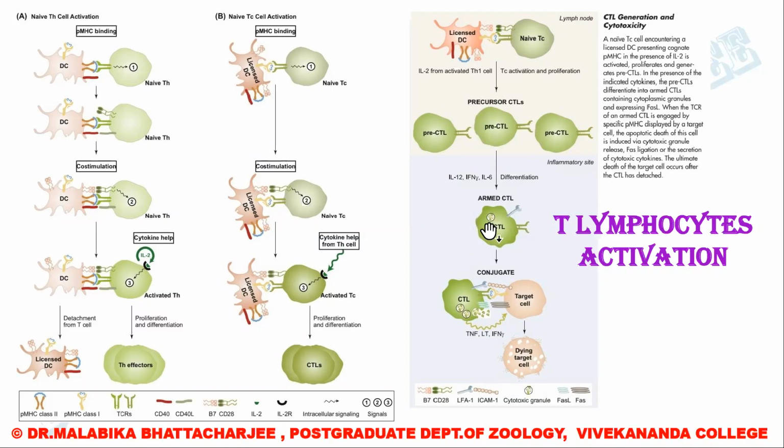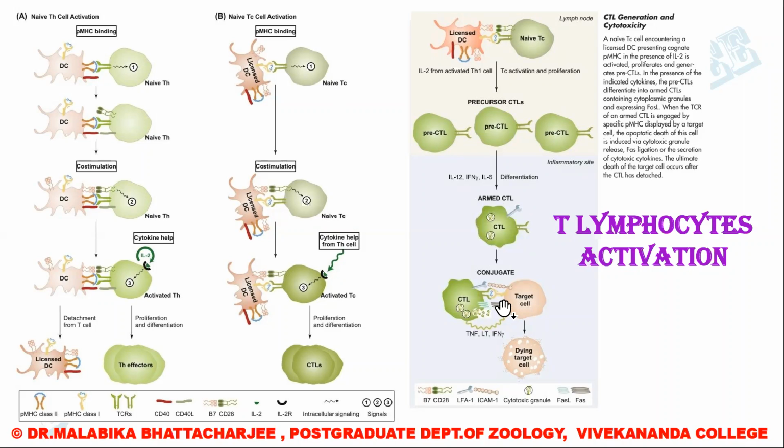Fourth stage, activation of the armed cytotoxic T lymphocytes by encounter with a specific non-self peptide presented by MHC class 1 on a target cell. So you can see the armed cytotoxic T lymphocytes in the fourth stage being activated by a target cell, and the interaction is occurring through the MHC class 1 molecule.